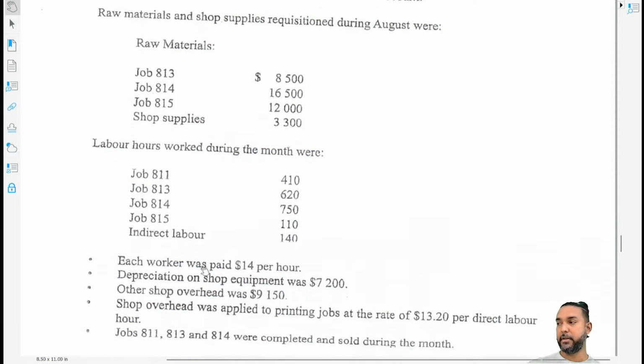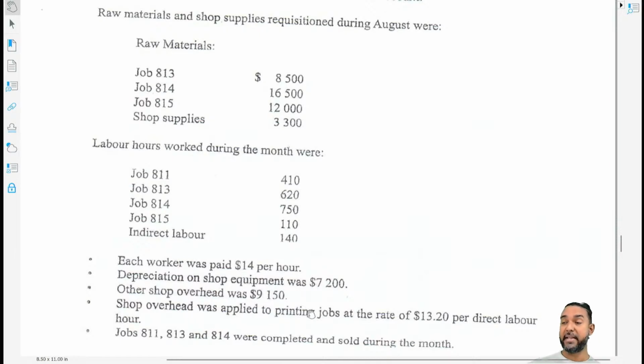Each worker was paid $14 per hour, so we can work out the indirect labor cost by multiplying 140 by 14. Depreciation on shop equipment, 7,200. Other shop overhead, 9,150. They're setting us up to do an overhead calculation here, with indirect materials, indirect labor, depreciation, other overhead, and then shop overhead.